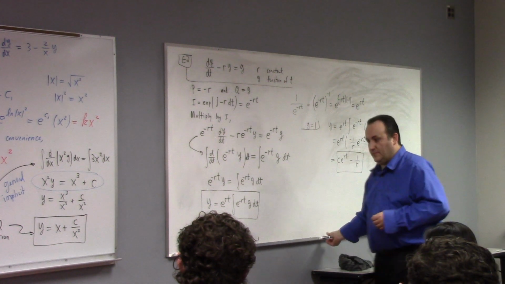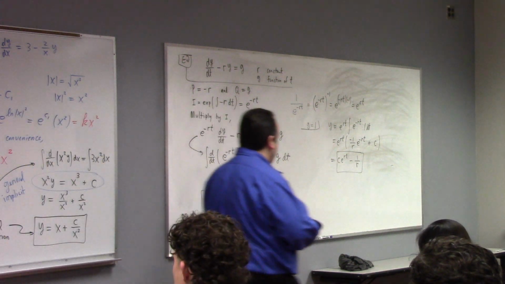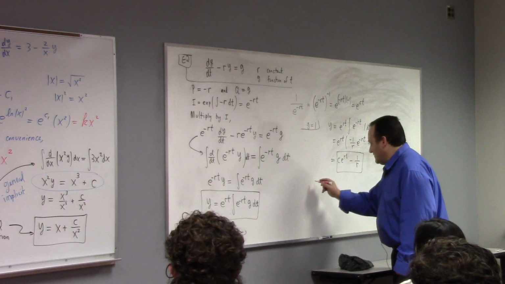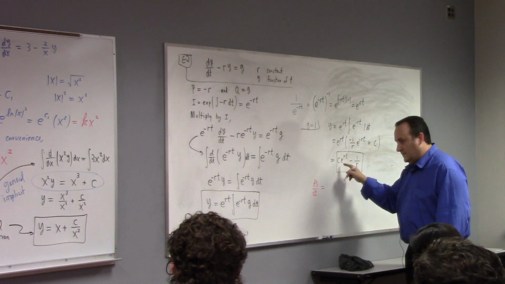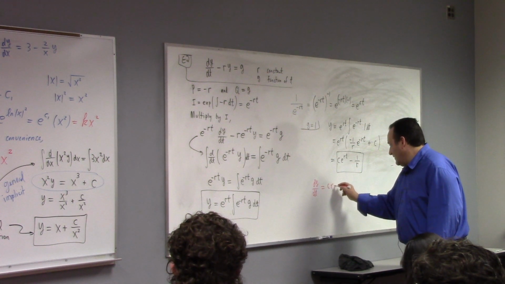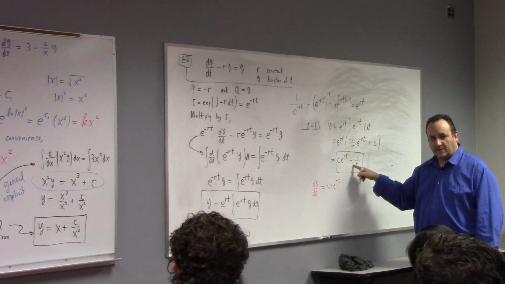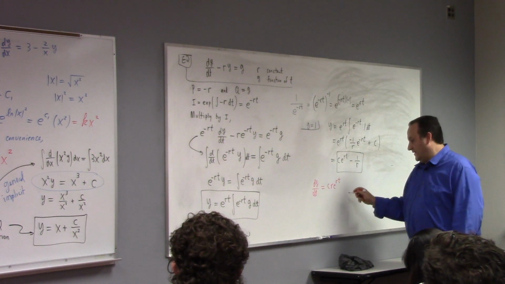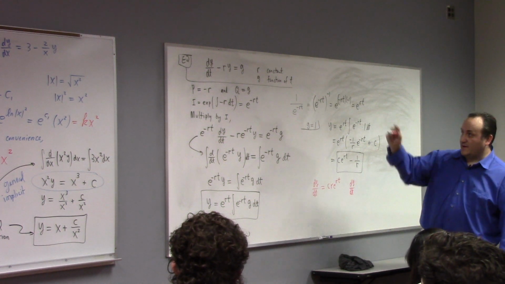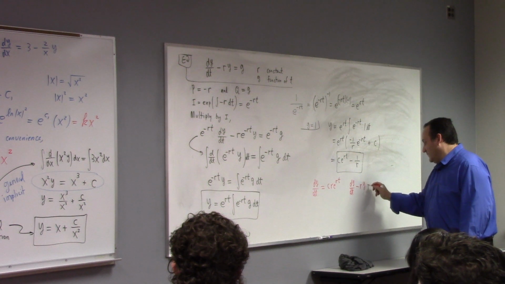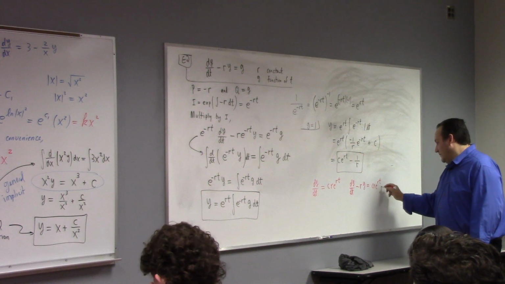Yeah. Oh yeah, we can check it, right? At the end of the day, we can judge whether or not we're successful by just differentiating it and seeing if it works. So what is dy dt here? We can calculate it. The derivative of this is C r e to the RT by the chain rule, and the derivative of that constant is 0. To judge whether or not it worked, we have to check: what is dy dt minus r times y equal to? dy dt we just calculated: it's C r e to the RT minus r times y.